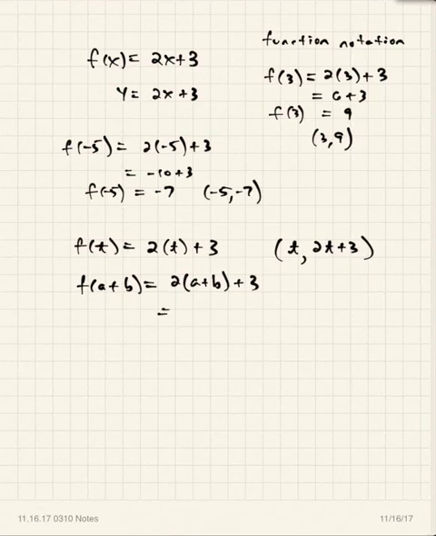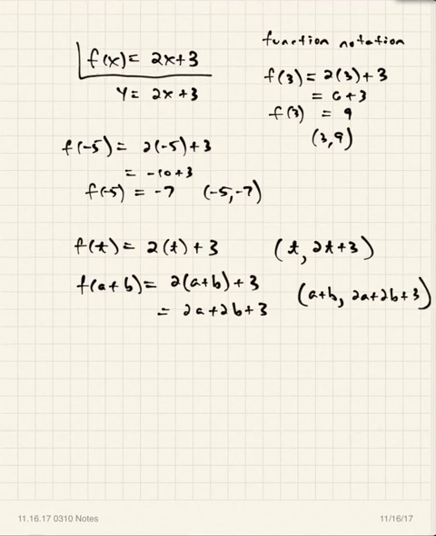Then you could just multiply this out. You get 2a plus 2b plus 3. So the domain value here would be a plus b, and the range value would be 2a plus 2b plus 3. That's what this function, f of x equals 2x plus 3, does with the domain value a plus b.